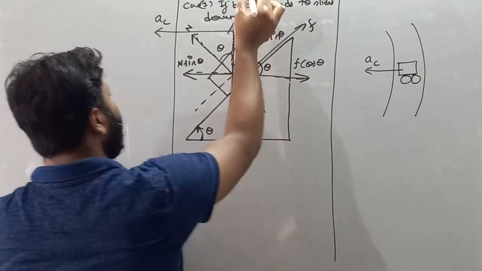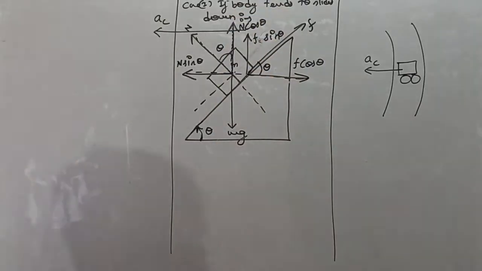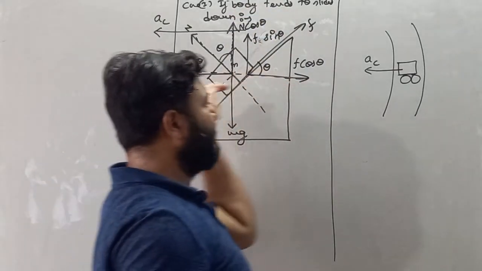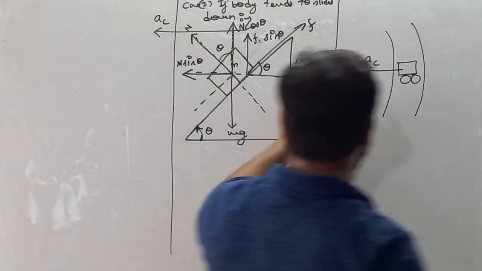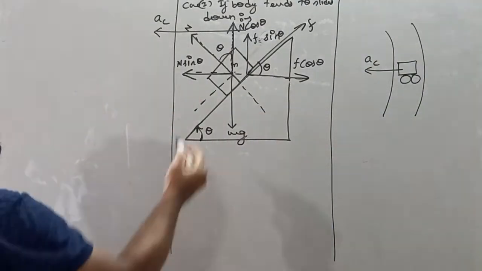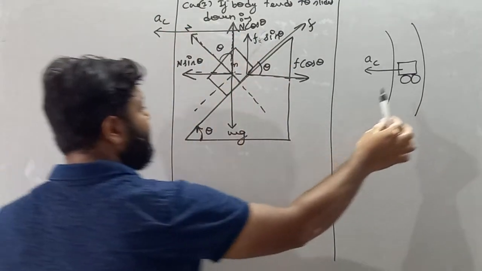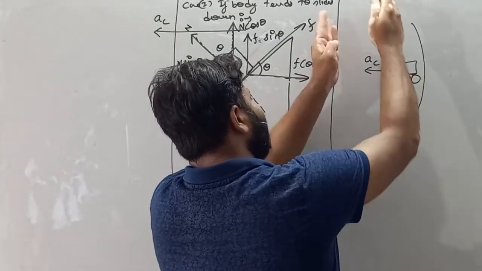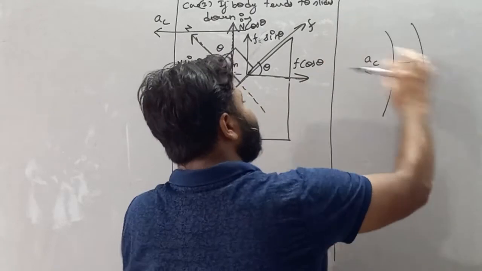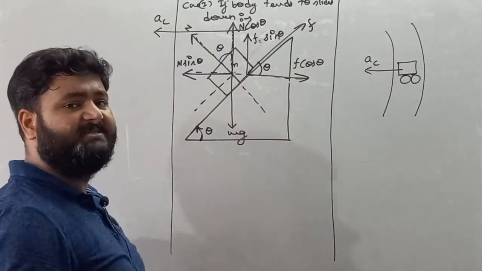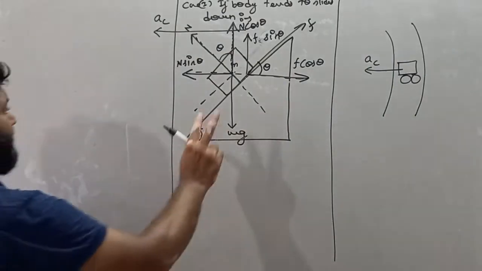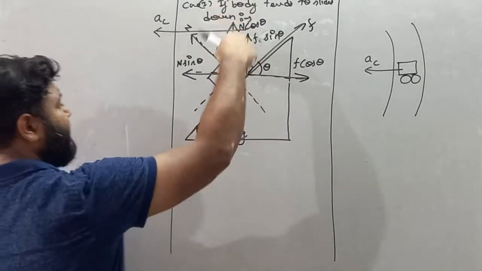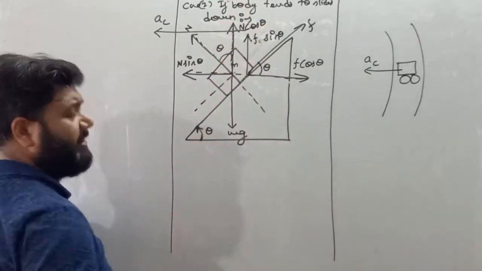So see, along this direction the component of friction is F sin theta, along this direction the component is F cos theta. Now see my dear student, this is the direction of acceleration, because the body is turning. If the body is turning, then there must be an acceleration towards the center. That acceleration is called centripetal acceleration. Now see, two forces are in the upward direction and one force is in the downward direction.